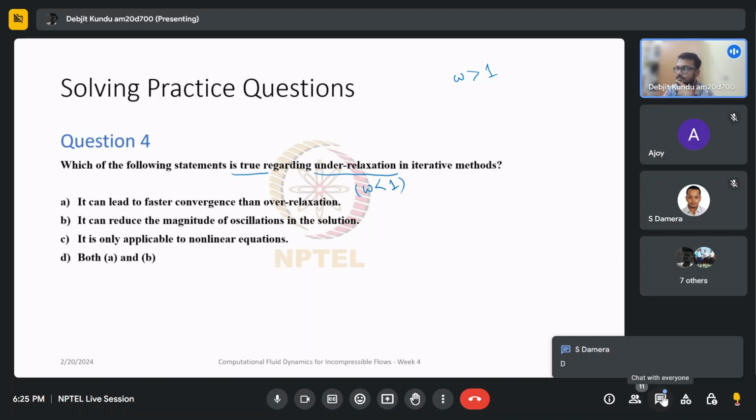This is also used in some cases. So what are the statements given here? Statement A says that it can lead to faster convergence than over relaxation. Option B is it can reduce the magnitude of oscillations in the solution. Option C is it is only applicable to nonlinear equations. And option D is both A and B.